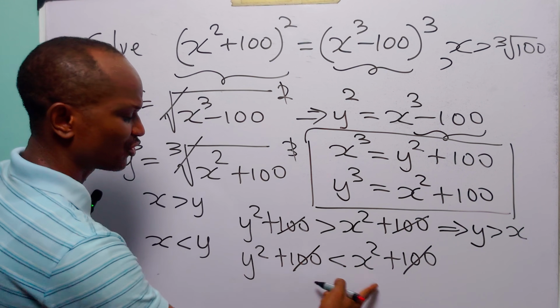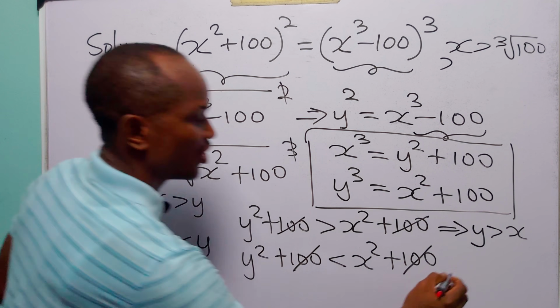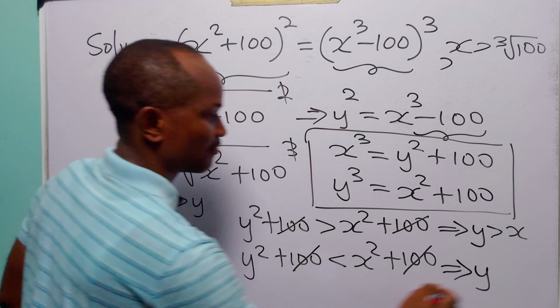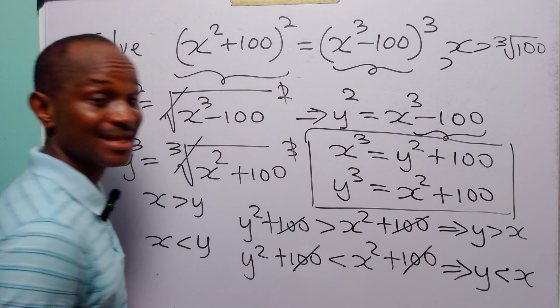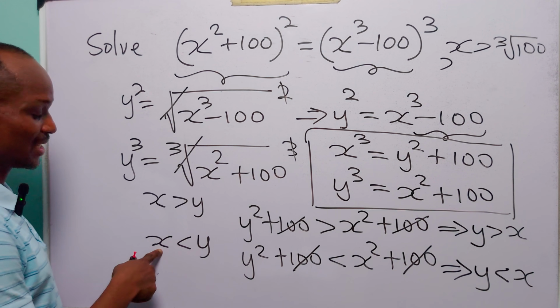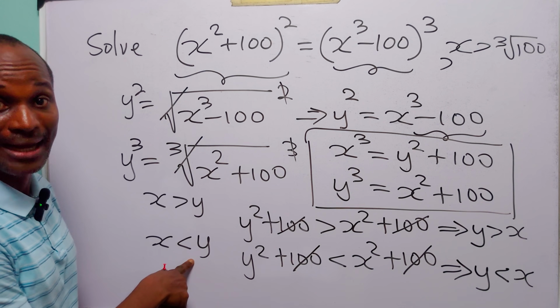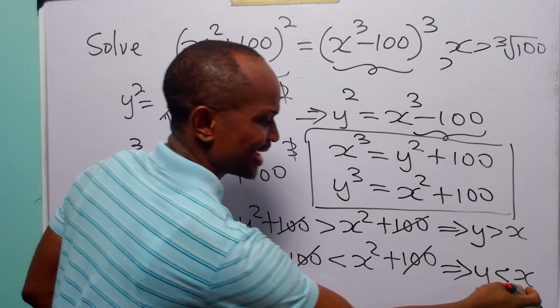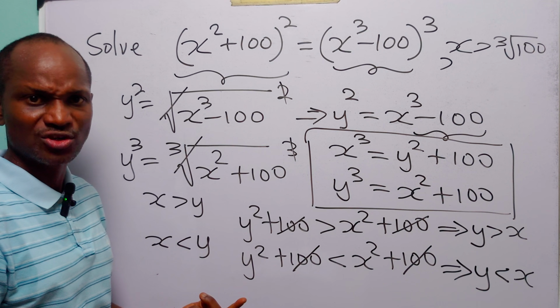And if we take the square root of both sides of this inequality, we come to the conclusion that y must be less than x. Now, we started with the assumption that x is less than y, but that has led us to the conclusion that y is less than x, which is also a contradiction.